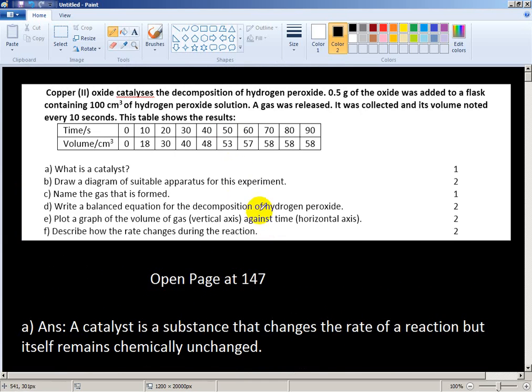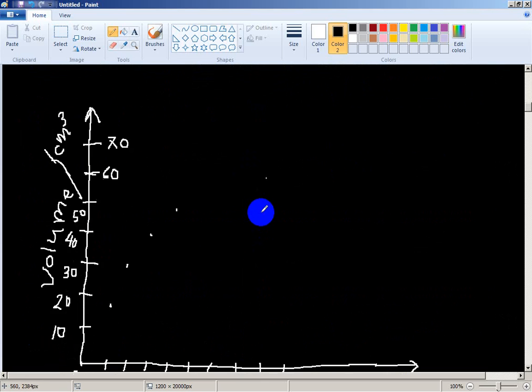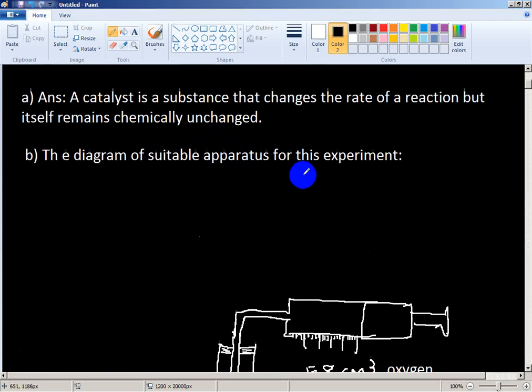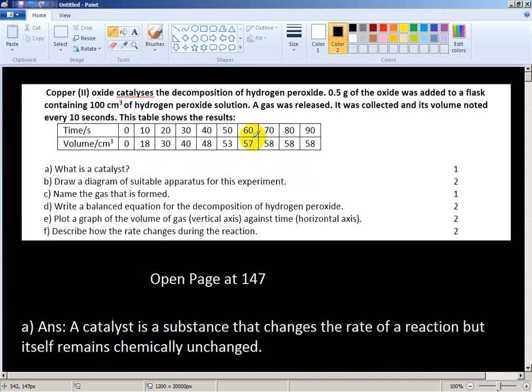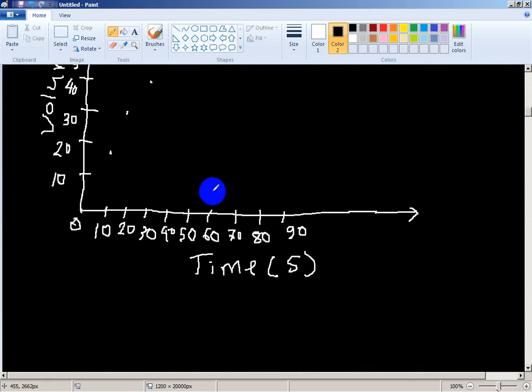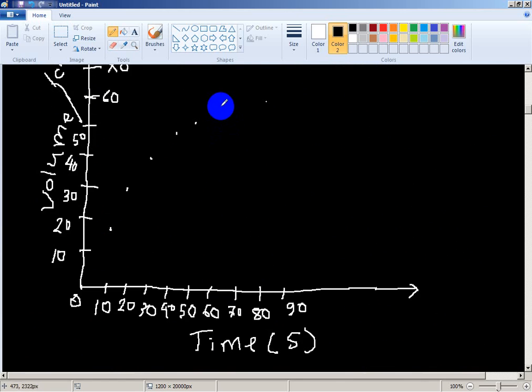When time is 50, volume is 53, slightly above 50 here. So 50 with 53. Okay, then when time is 60, volume is 57.